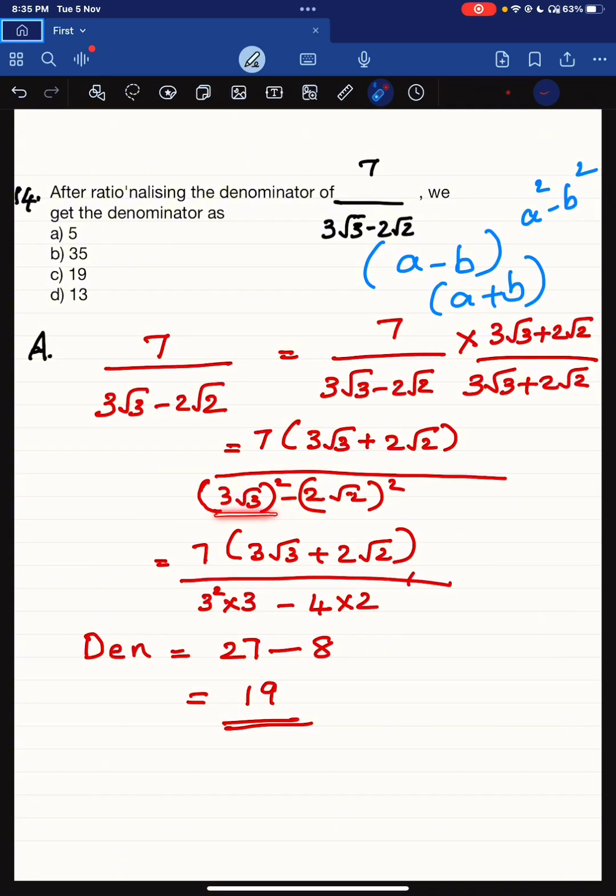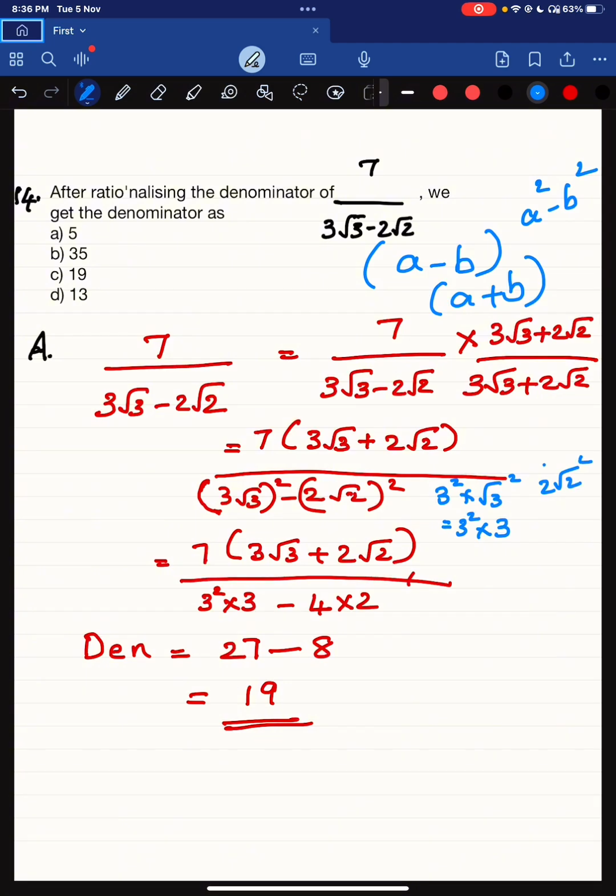So it is 3 square into root 3 square. Root 3 into root 3 is the same number. Also 2 root 2 square is equal to 2 square into root 2 square.